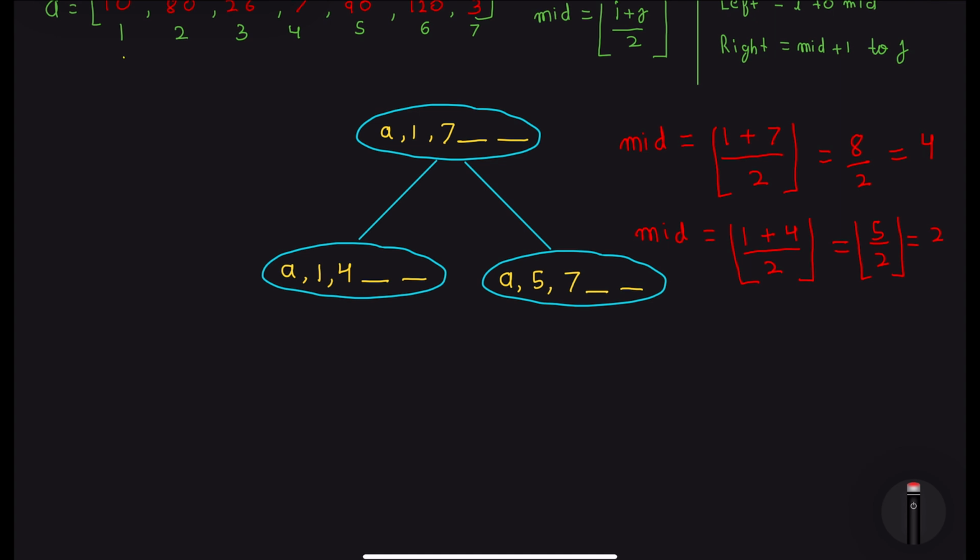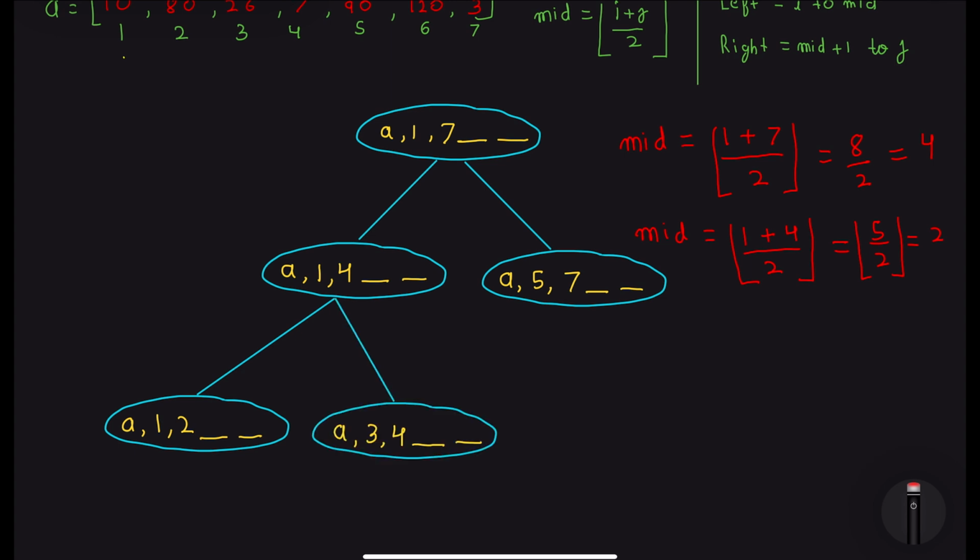So it will have array A and elements from 1 to 2 and two empty spots for max and min. And on the right side it will have array A and elements from 3 to 4 and two empty spots for max and min. At this level we only have two elements in each node. On the left side we have elements from index 1 and 2 and on the right side we have elements from index 3 and 4.